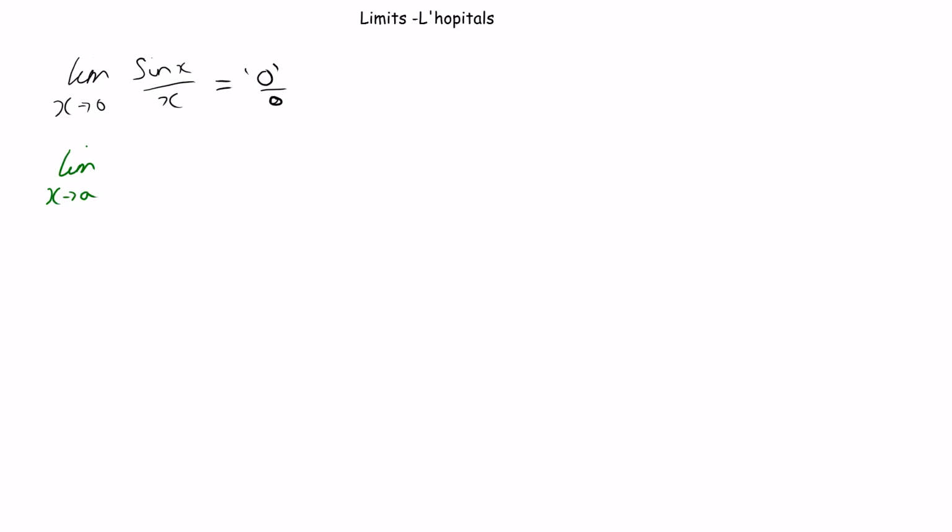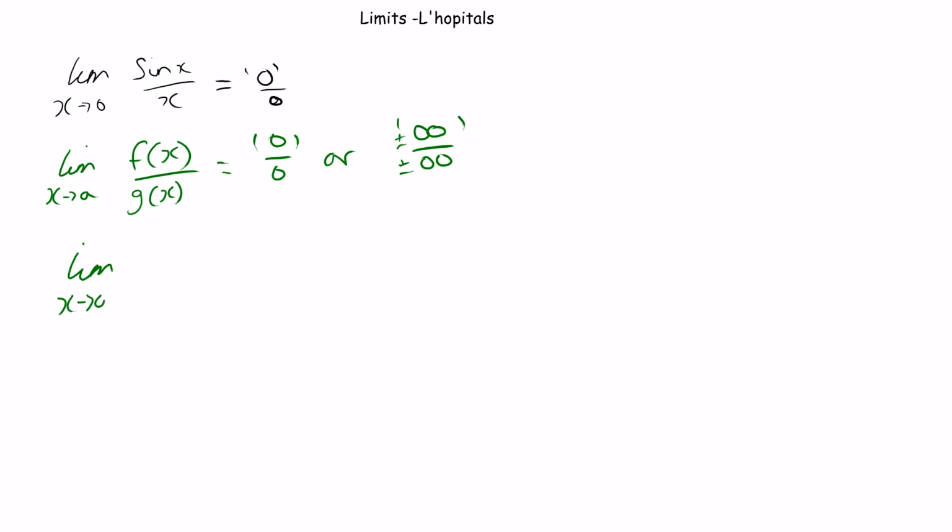to a, where a is any real constant, of the quotient of two functions, f and g of x, if this is equal to 0 over 0, or infinity over infinity, where this could be plus or minus, then the limit as x tends to a of f of x over g of x is equal to the limit as x tends to a of f prime x over g prime x.